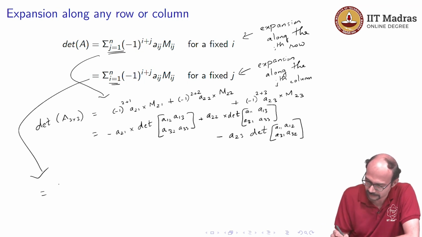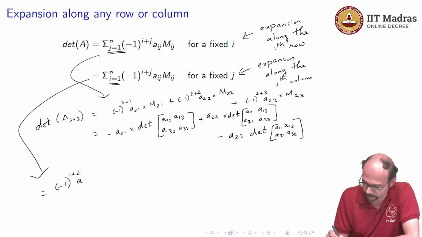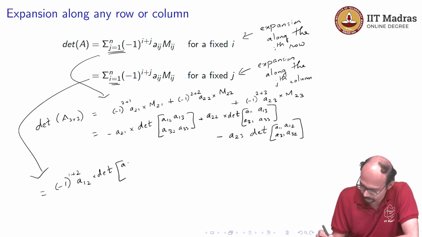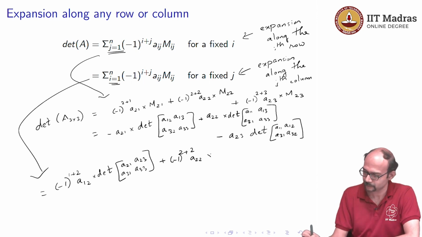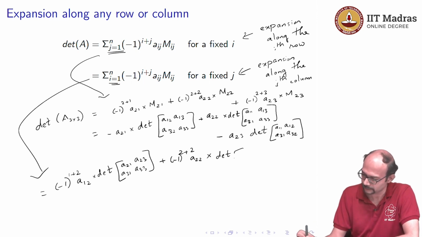So this is -1 to the power 1 plus 2, A12 times the determinant of A21, A23, A31, A33, plus -1 to the power 2 plus 2 A22 times a similar determinant.